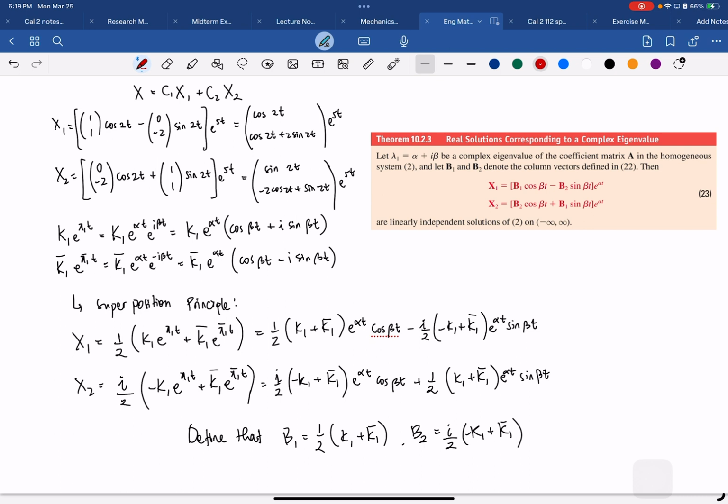So we write all terms with real numbers through the Euler formulations. Taking the superposition, you could have this. So that's it for now. We are going to see you again later on.